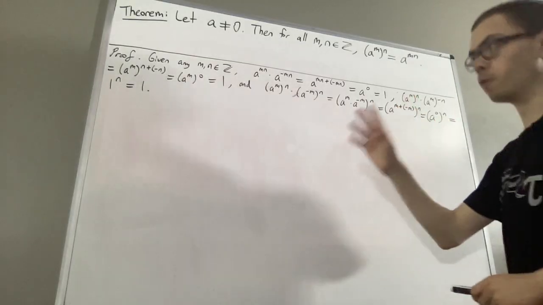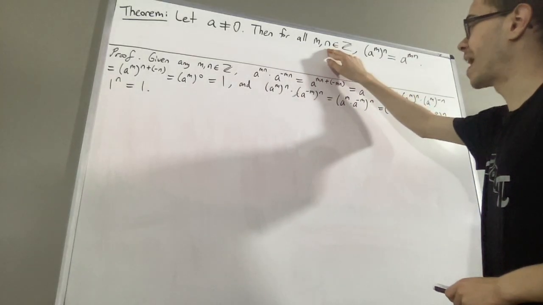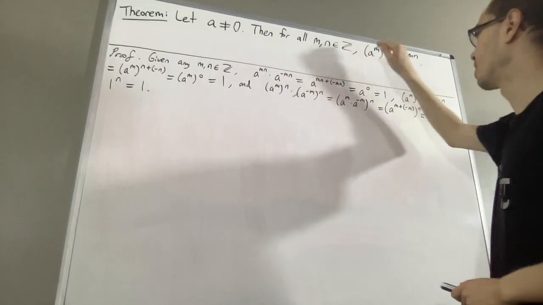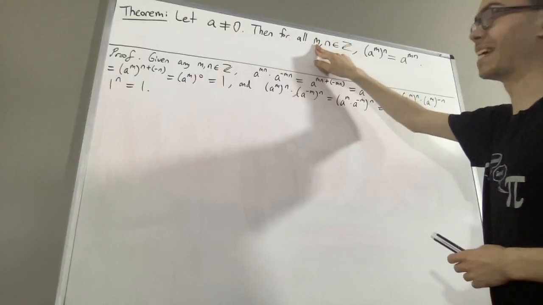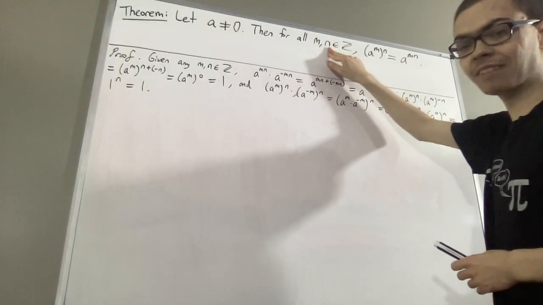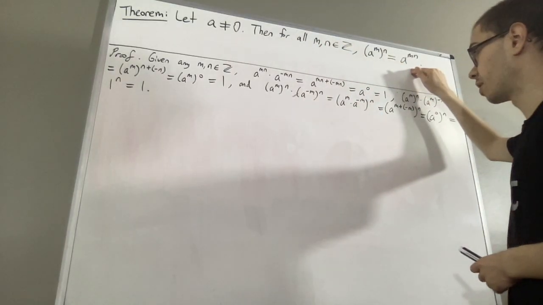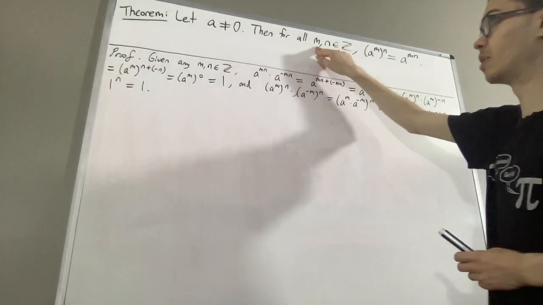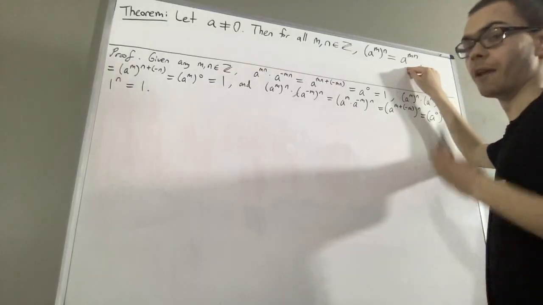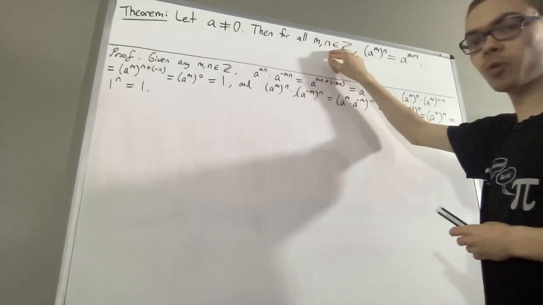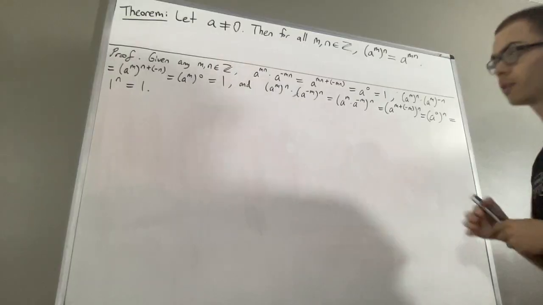We're going to first prove if m and n are any two non-negative integers, then this equality holds. Then we're going to prove if m is a non-negative integer and n is a negative integer, then this equality holds. And then if m is a negative integer and n is a non-negative integer, then this equality holds. And finally, if m and n are both negative integers, then this equality holds.